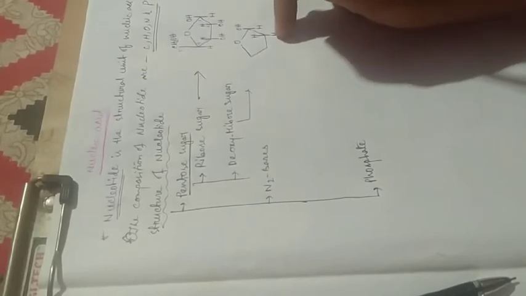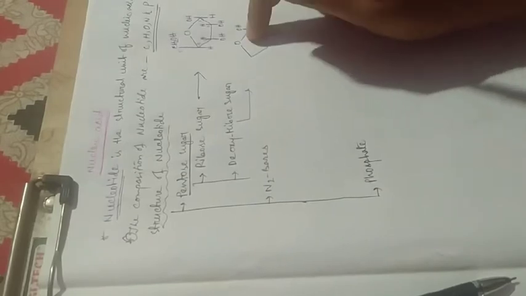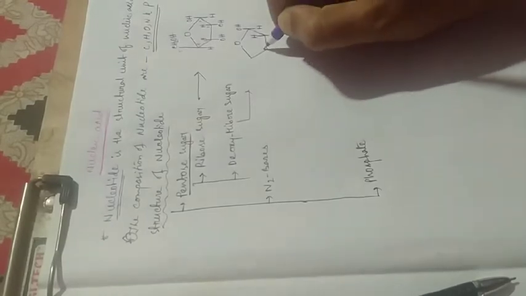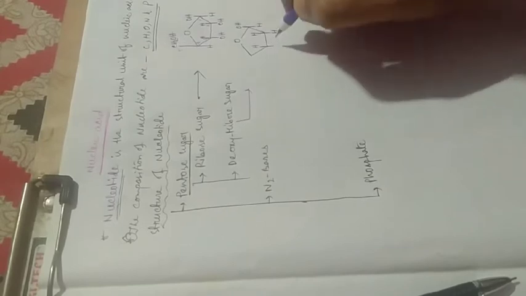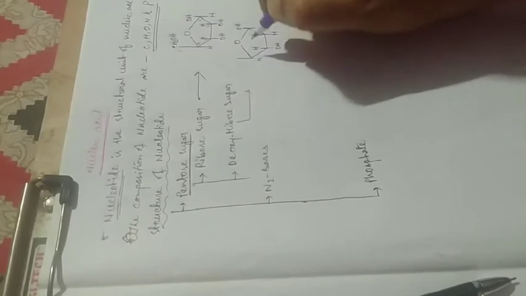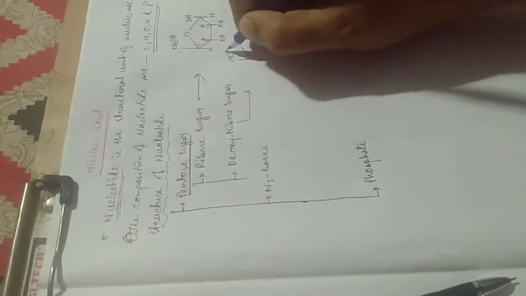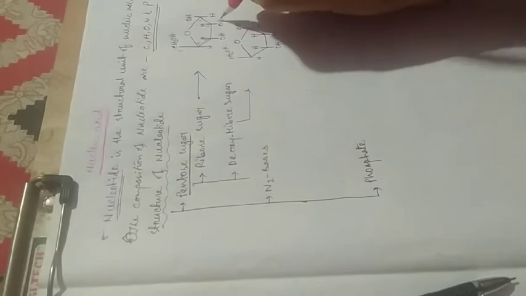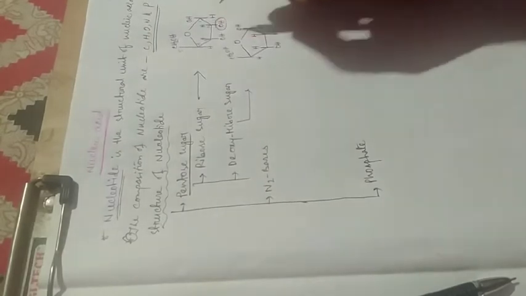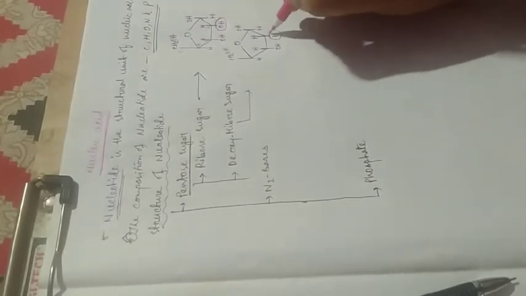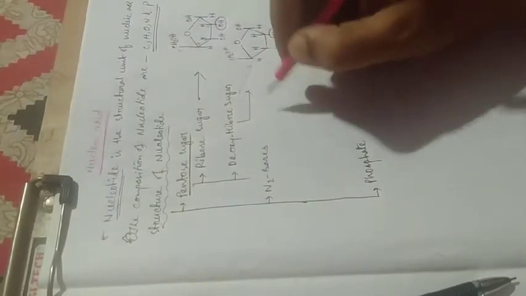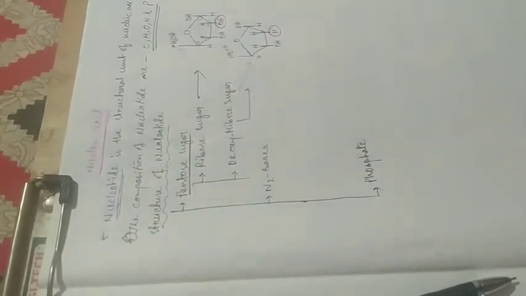Oxygen is absent there. For that, this ribose sugar is called deoxyribose sugar, meaning one oxygen molecule is absent in that structure. H, OH, H, CH2OH. If we observe the second carbon, an oxygen molecule is absent there. For that, this structure is called deoxyribose sugar, and that is the ribose sugar.